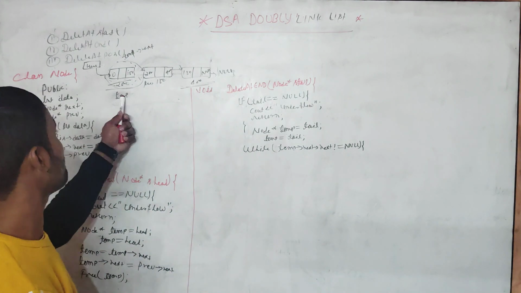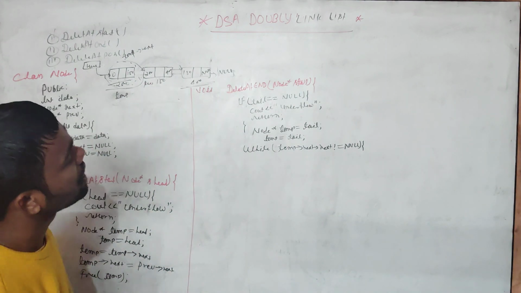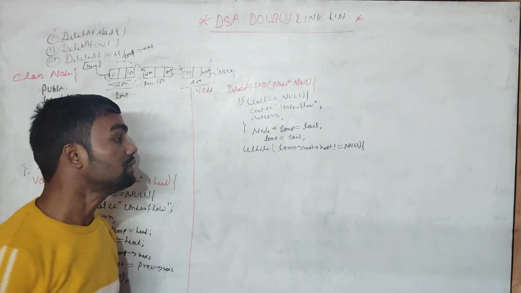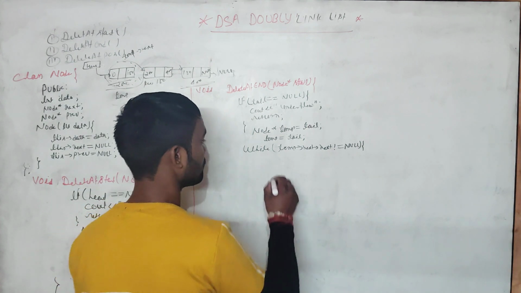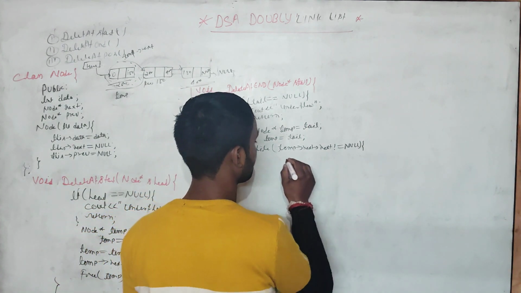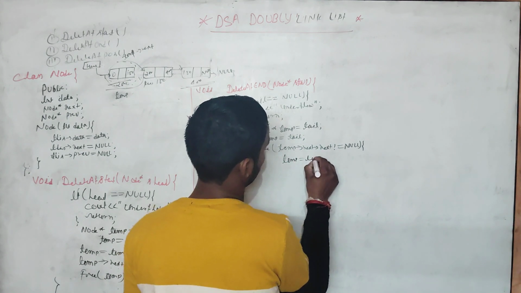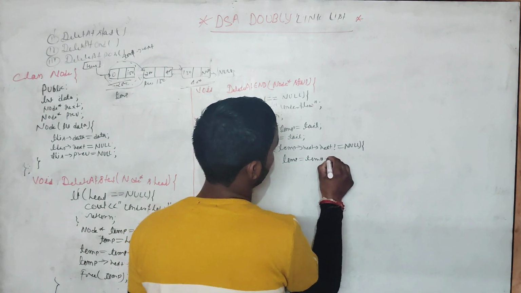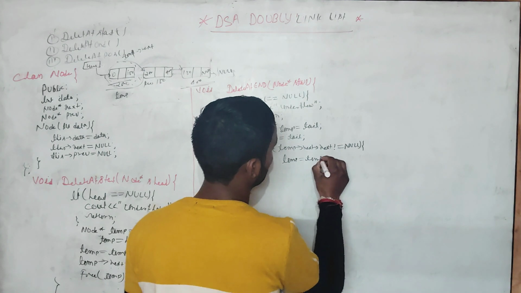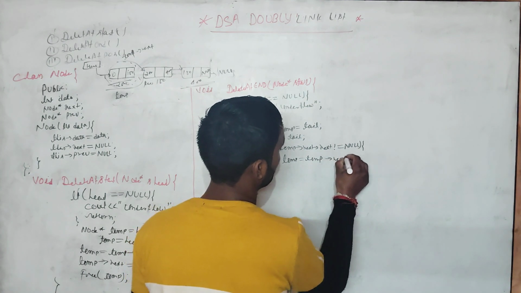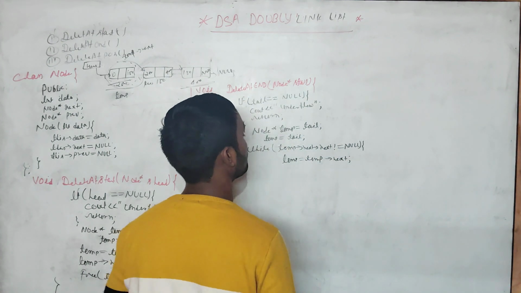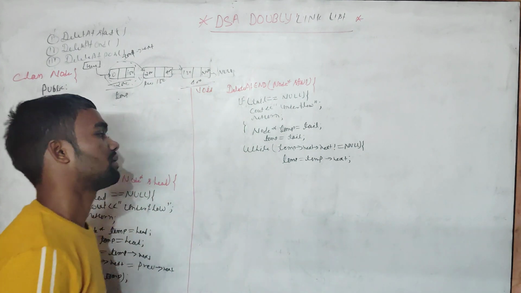Okay, temp of next not equal to null, then what will you do here? Simply write here temp is equal to temp of next. Fine, temp is equal to temp of next.